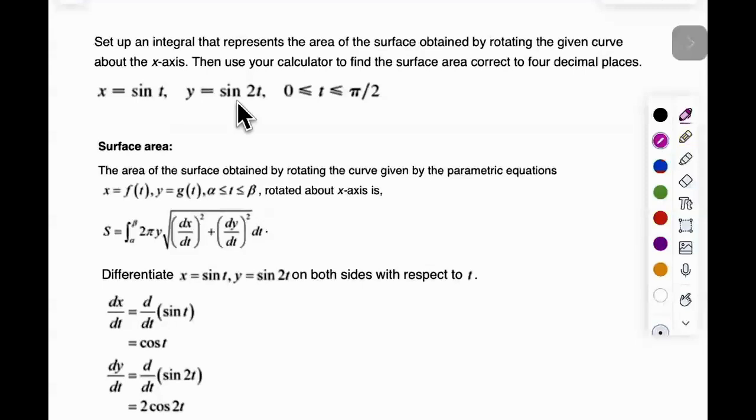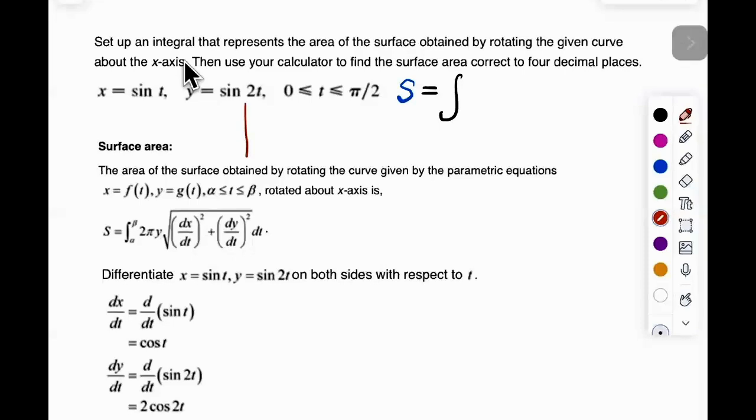Okay, so we try to find the surface area. Let's call that S. Do you guys remember what the formula was? Right, it's the integral, and it is rotating about the x-axis. Let's think about it.